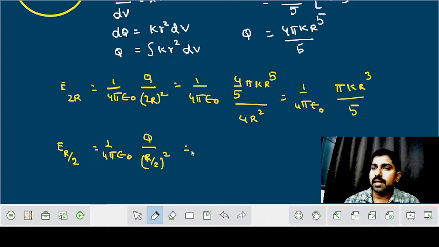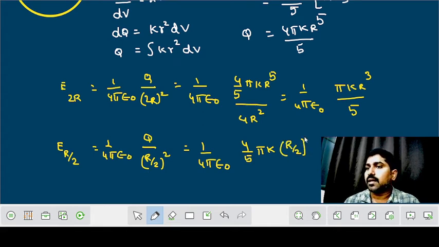In place of Q we write 4 by 5 pi k, and in place of R we have to write r by 2, because this point is inside the sphere and the whole charge is not contained in this particular sphere.